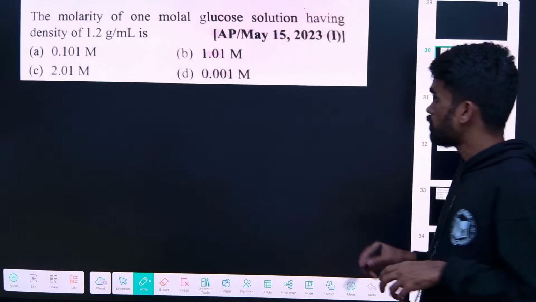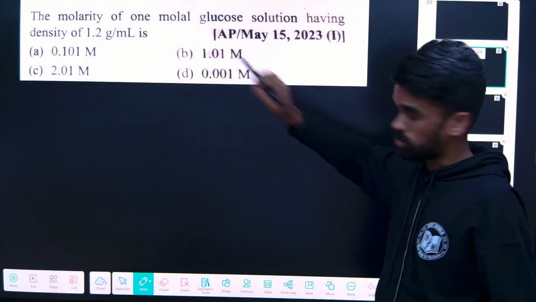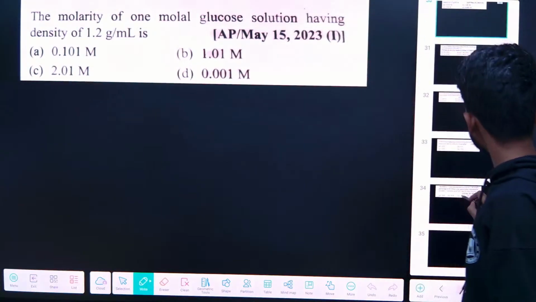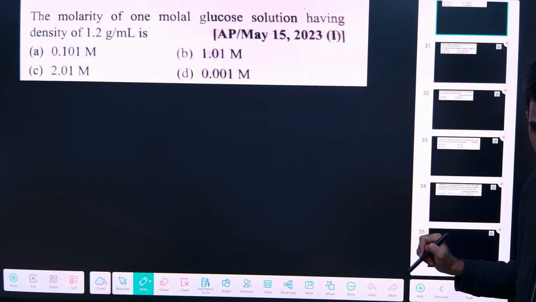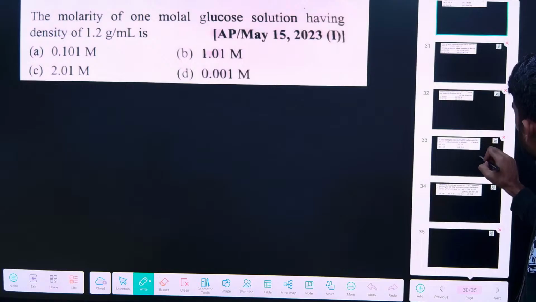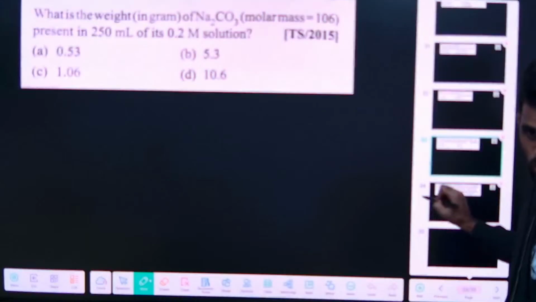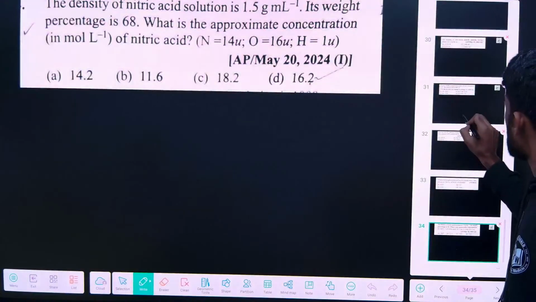Now you have written this question. Next question: this is all about concentration terms. Just take these questions as homework and give a try for all of them. I just wanted to show you these questions.